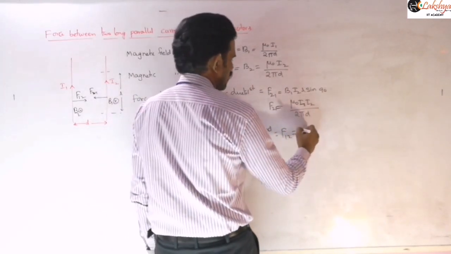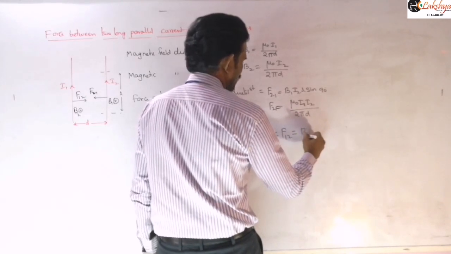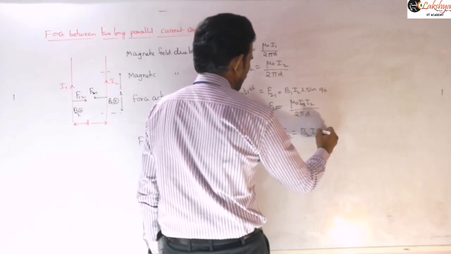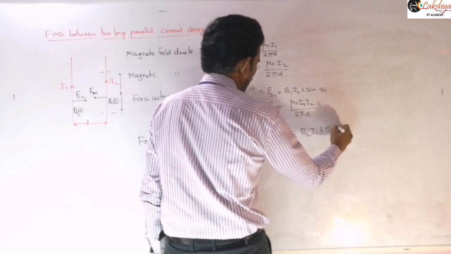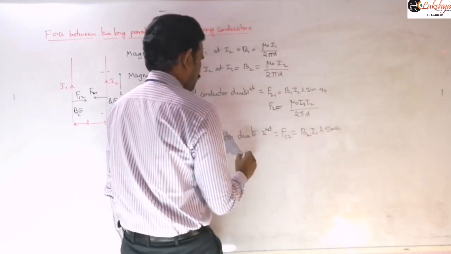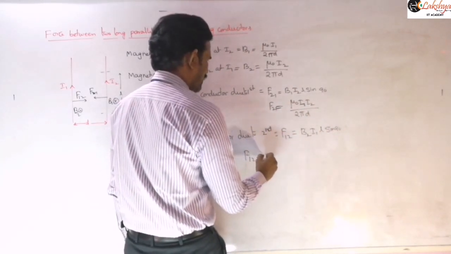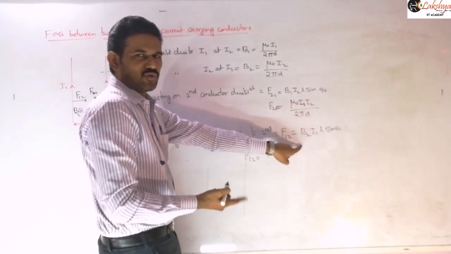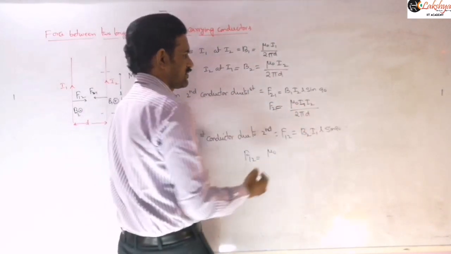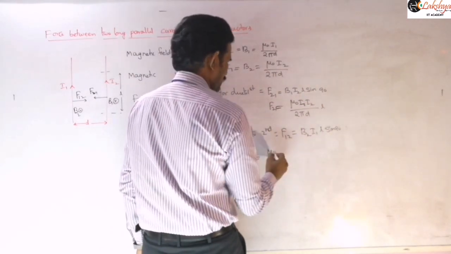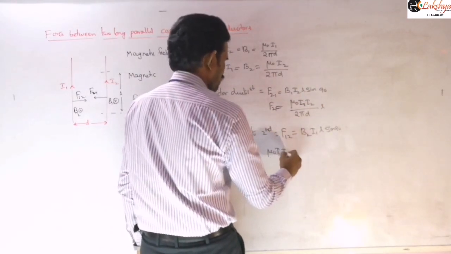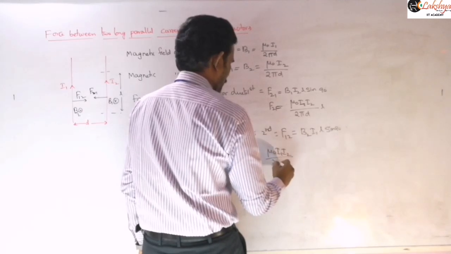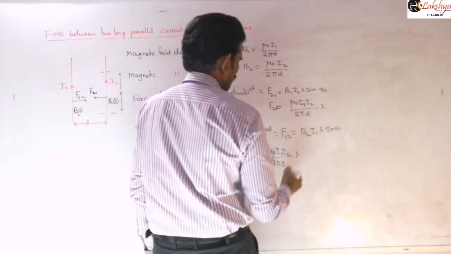What we can write is, the magnetic field is B2, the current is I1 and its length is L, and the same sin 90 here. Therefore F12 is B2 value substituted, so mu naught I1 I2 by 2 pi d into L.